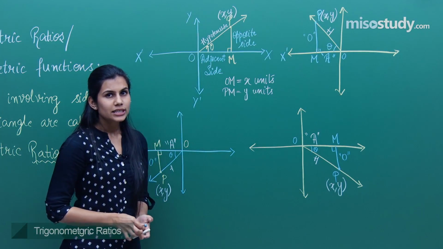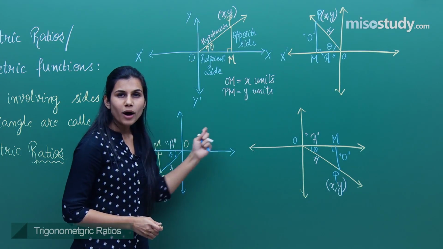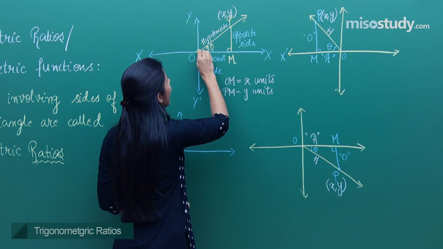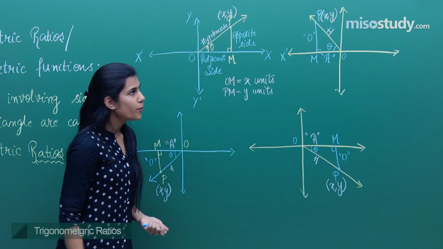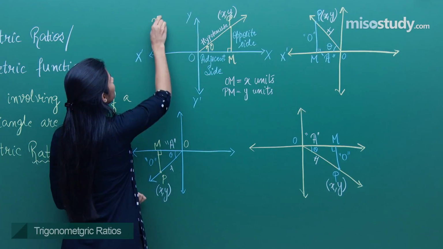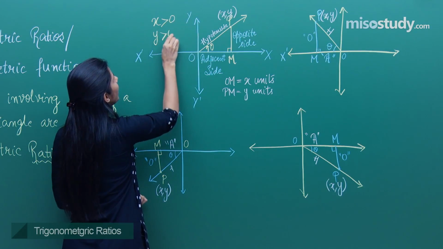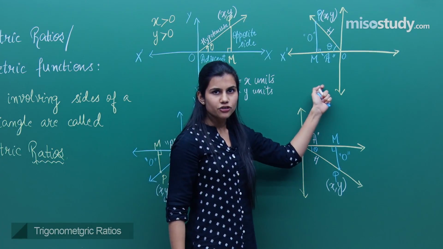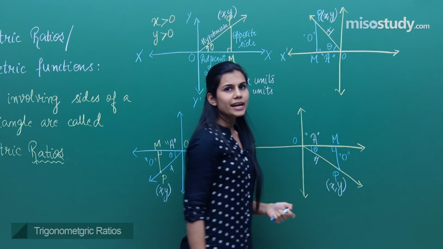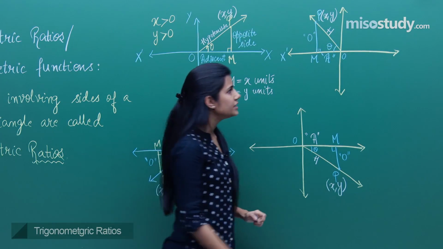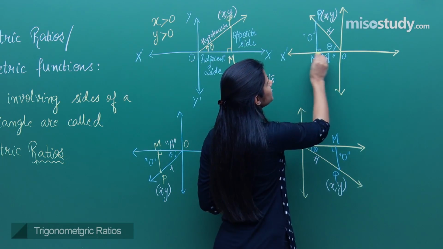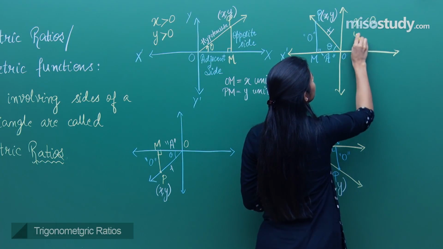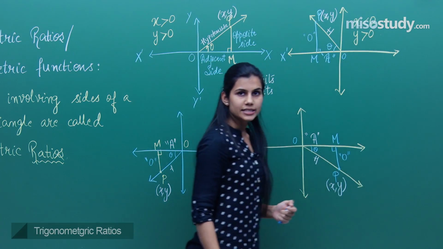What is special about the difference between x, y in all the four cases is that in the first case, your x and your y both are positive. In this case, your x is positive and your y is also positive. In this case, your entire triangle of reference is in the second quadrant. What happens is that your x becomes negative, but your y remains positive.